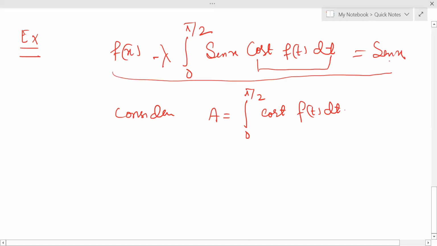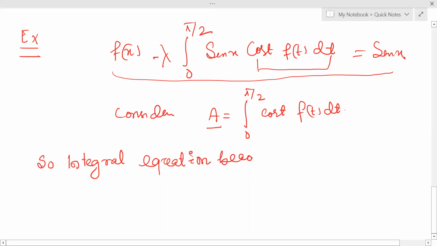We put it directly here. So the integral equation becomes f(x) minus lambda a sin x is equal to sin x.